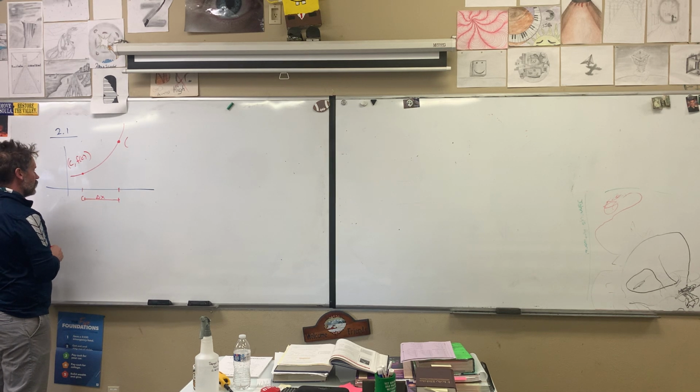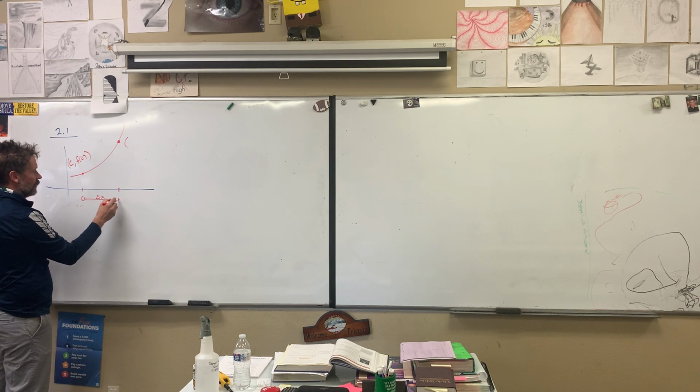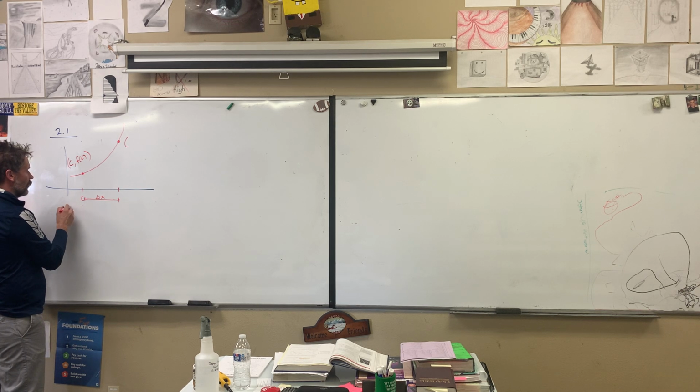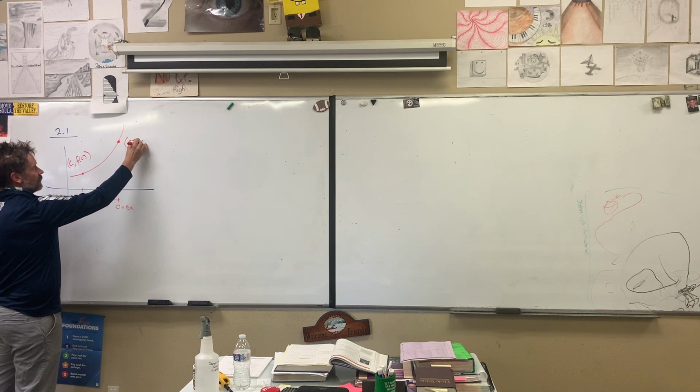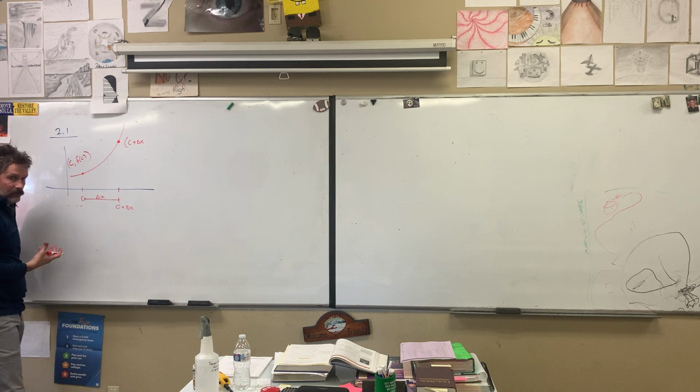And so the question is, if we go over to C right here, what is a way to label this point? So this is C, this point is, again, we're not going to use D, we're going to put it in terms of C. So we had to go over C, over delta, so C plus delta X. So therefore this is C plus delta X is our X value.